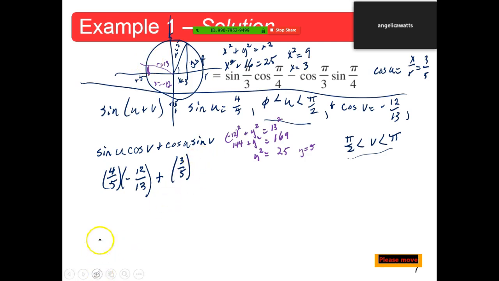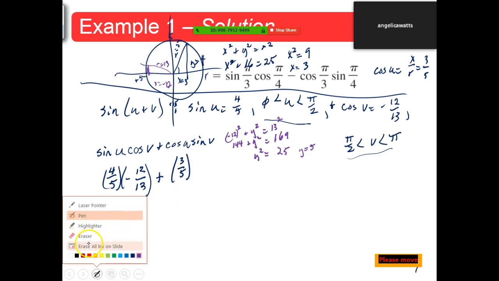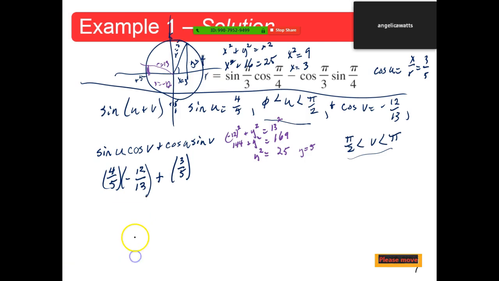So let me go back to my dark color. And we know that sine is y over r, which would be 5 over 13, your radius. Feel like a dentist here pulling teeth, but that's okay.